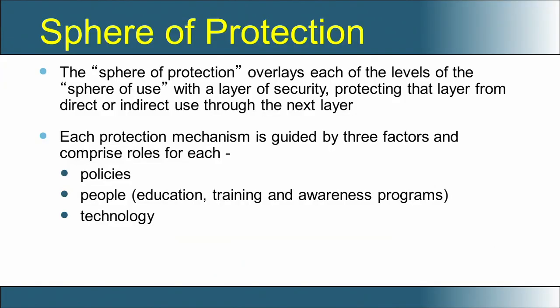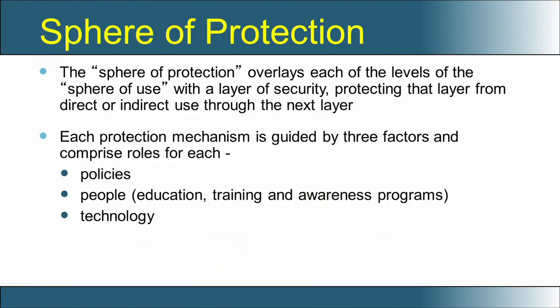Now, the sphere of protection actually is an overlay on the sphere of use, which basically says when you do certain actions on the information, these are the checks that need to be done for the different functionalities. The sphere of protection is achieved by looking at people, policies and technologies and trying to impose access control on each one of these.